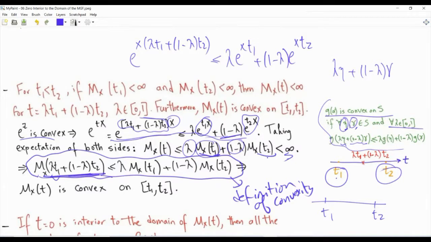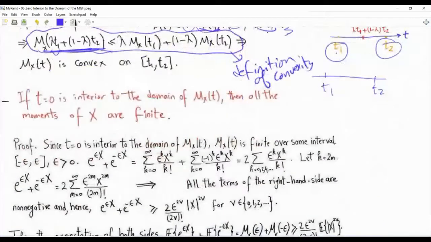And so knowing that it is convex is good, right? Because convexity is relevant to optimization problems. So with this in mind, if the moment generating function is finite at t1 and t2, it's finite at any point between them, and it is also a convex function.